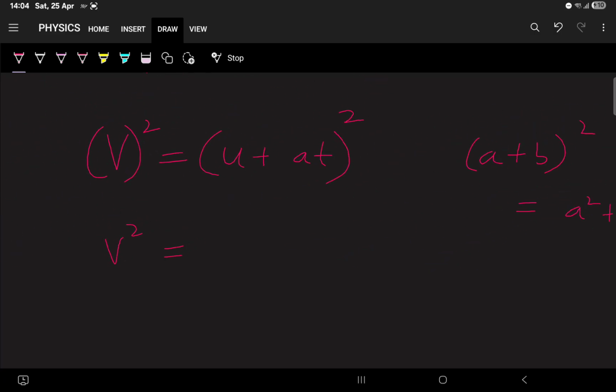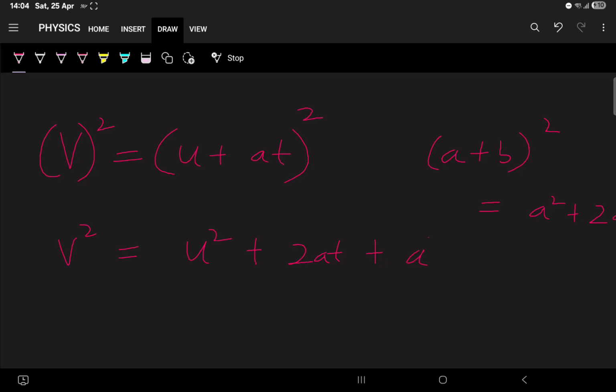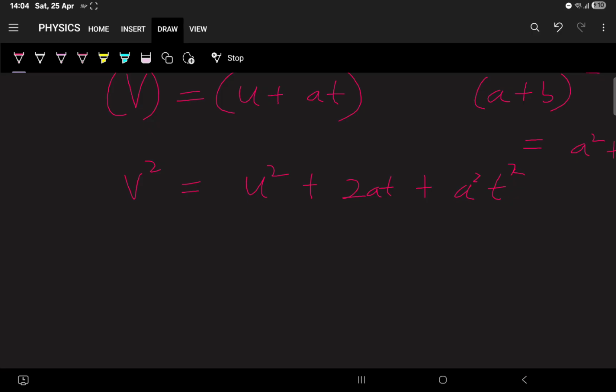Now taking u to be a and at to be b, we have u squared plus 2uat plus a squared t squared. Now v squared equals u squared plus, now a is common between these two terms.